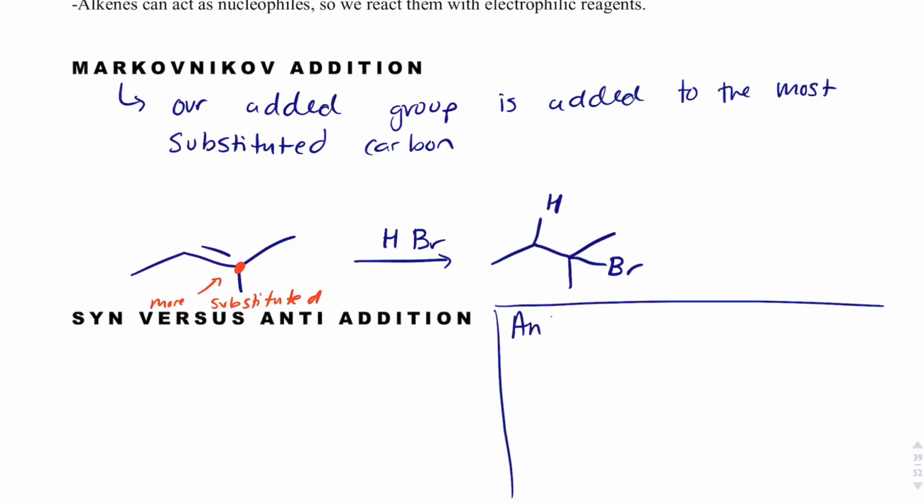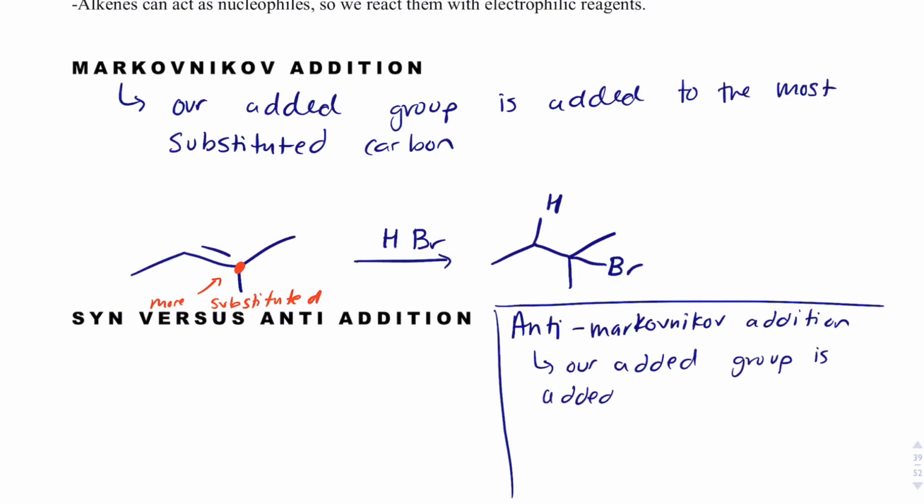We have anti-Markovnikov addition. And this is basically where our added group is added to the least substituted carbon.